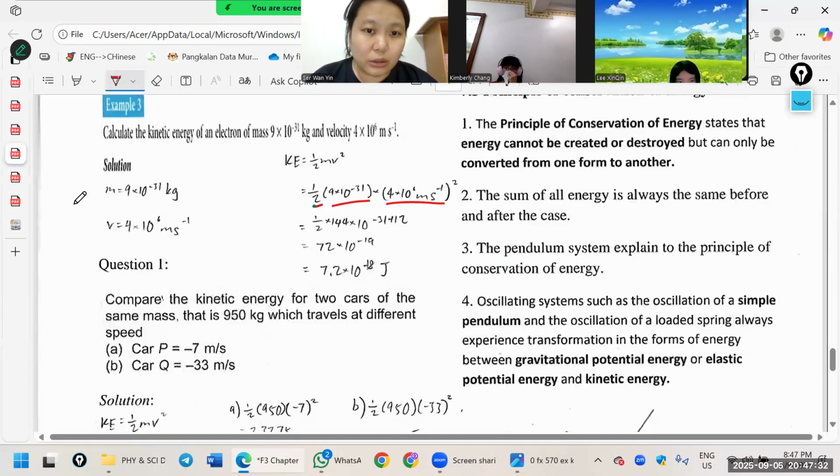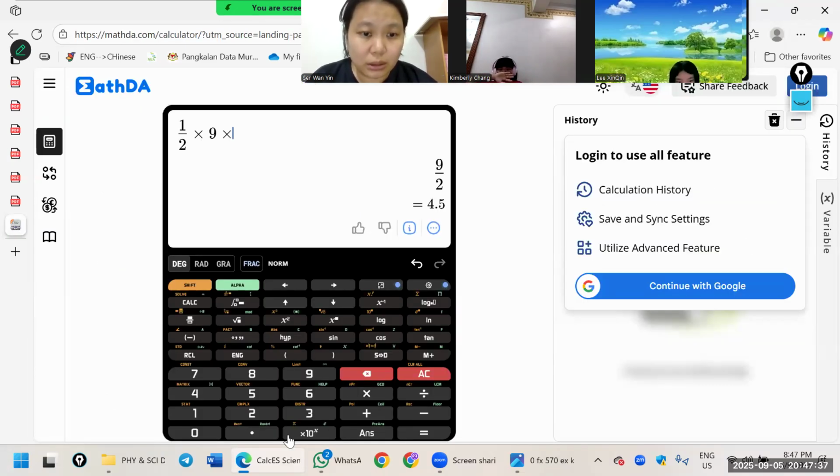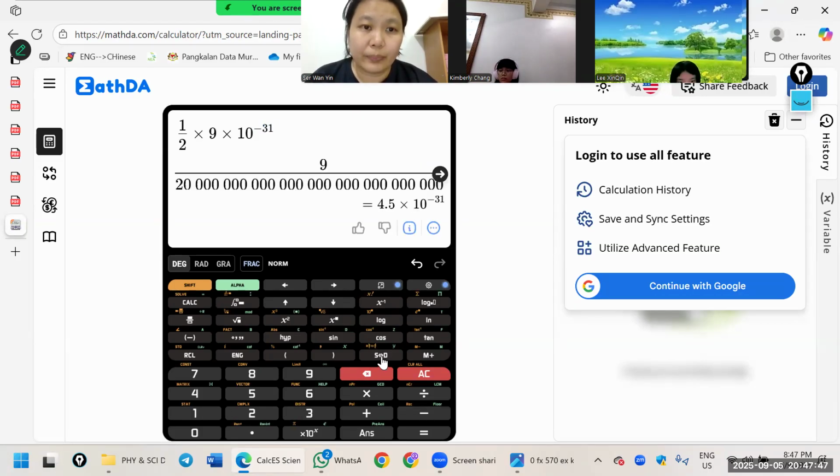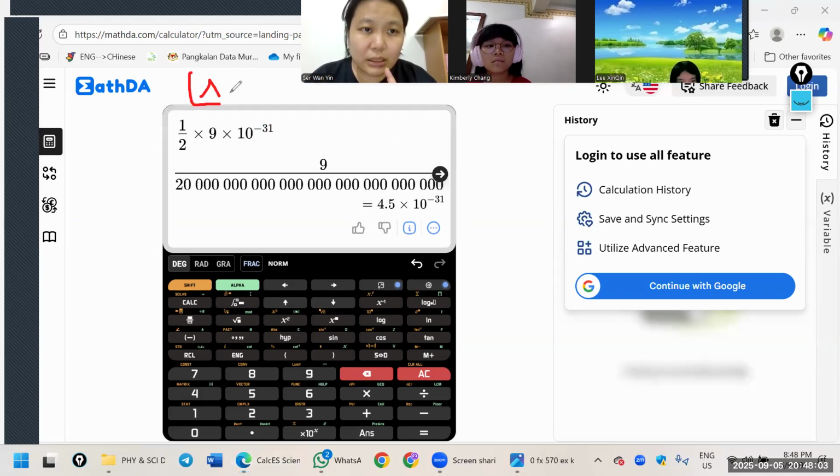If you use this 9 times 10 powers of negative 31, please change to this. Now you need to press 1, 2, 3, and 4. You all press this, right? Times 10 powers of something.